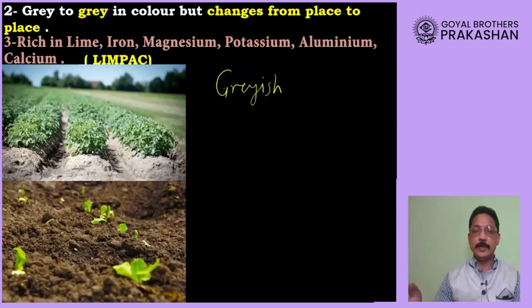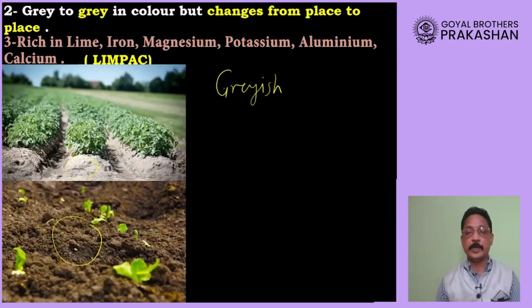If the river is flowing over reddish color rock, the alluvial soil formed there will be slightly reddish in color. But in general, the color of this soil is gray. You can see here grayish color. Somewhere it is dark also, depending upon the rocky region in which it is flowing.